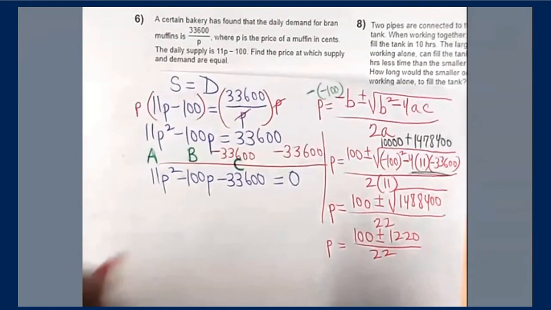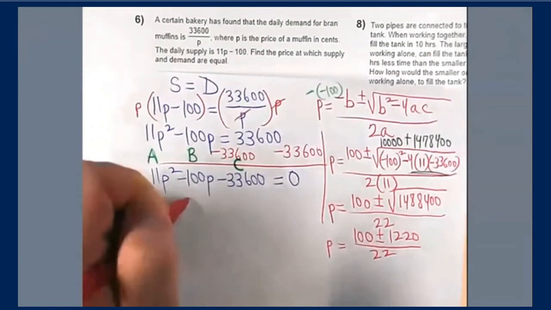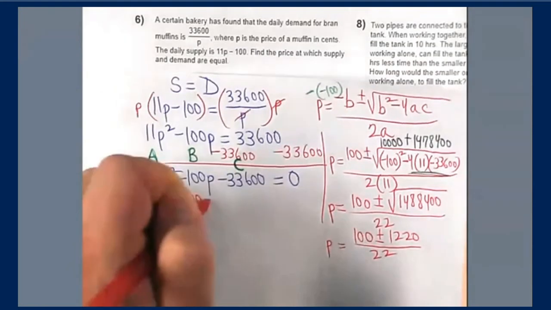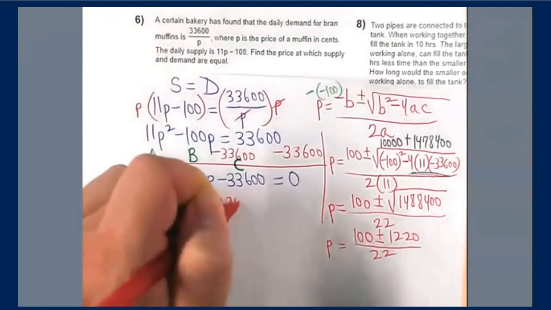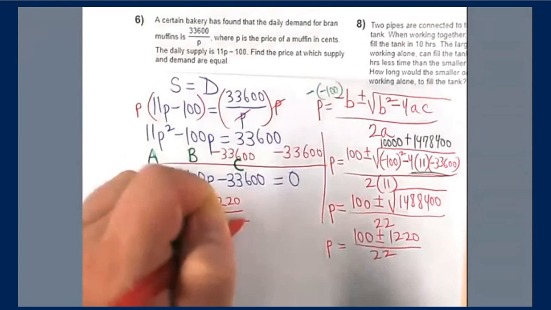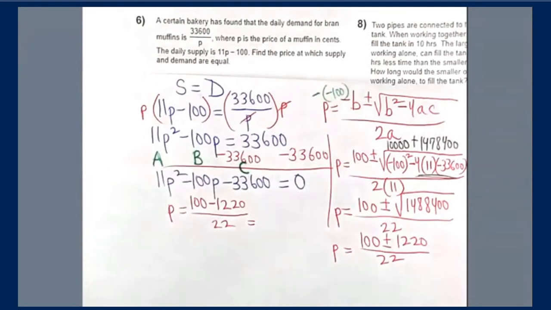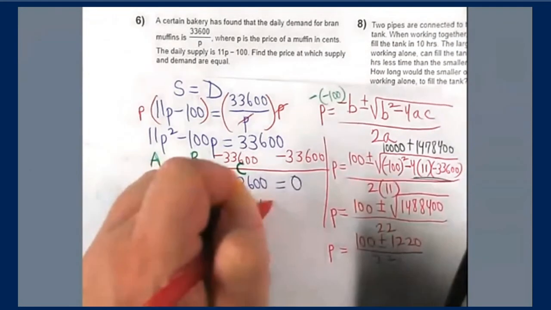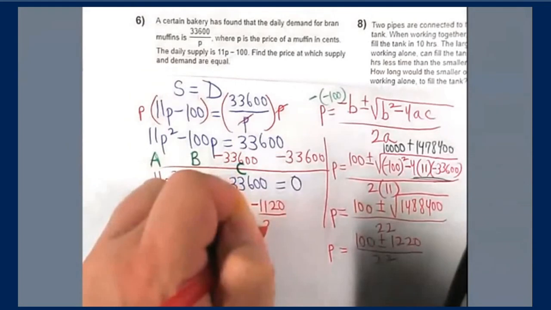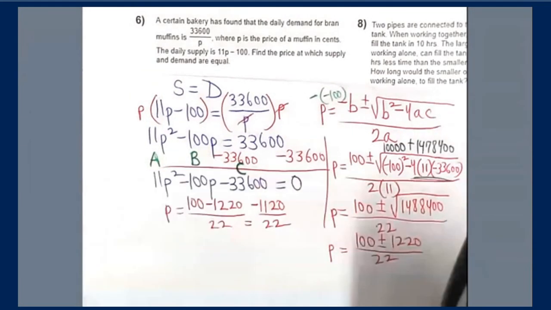So over here we have 100 minus 1220 all over 22. And you could reduce this to lowest terms if you want.